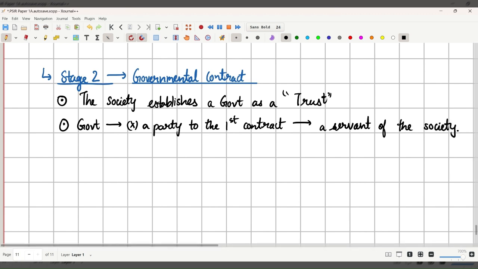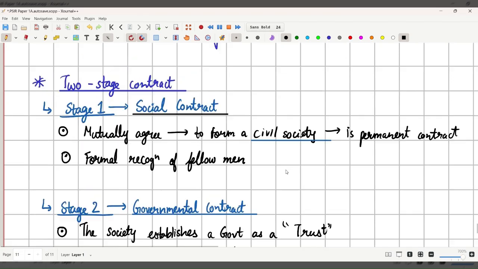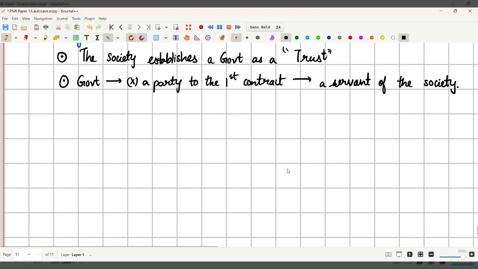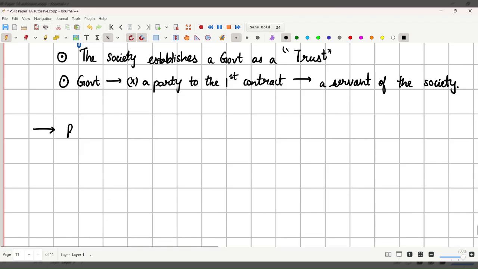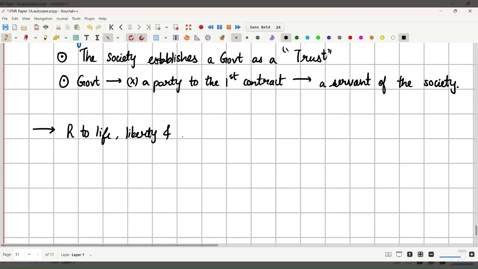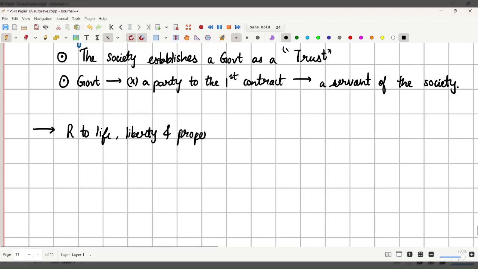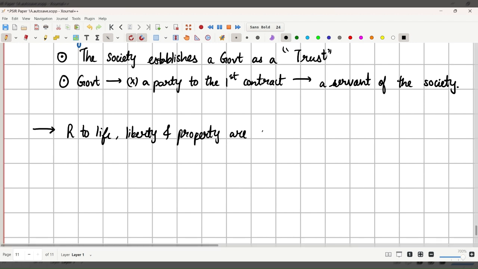And in this state, natural rights, that is the right to life, liberty, and property, are inalienable rights.